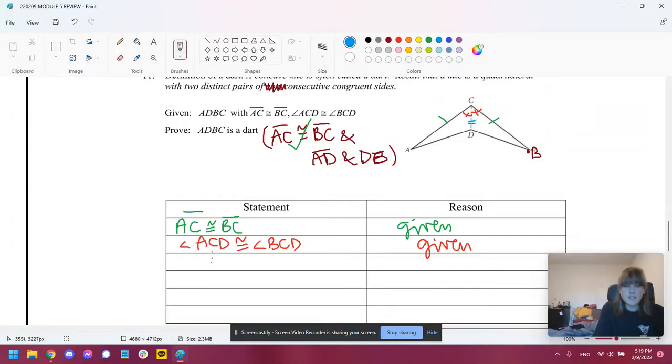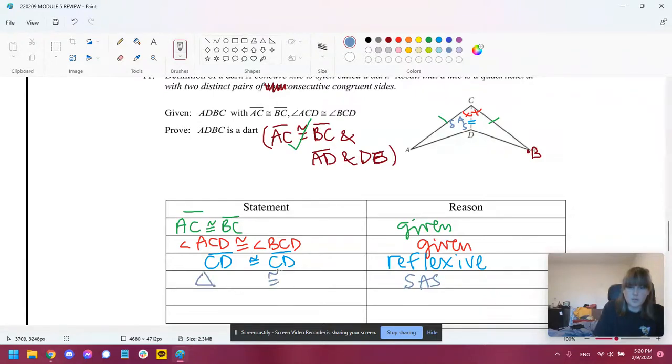I know that CD is equal to itself. I know that because it's obvious, but also we call it the reflexive property. Now I can show that these two triangles are congruent. I can show that by side, angle, side.